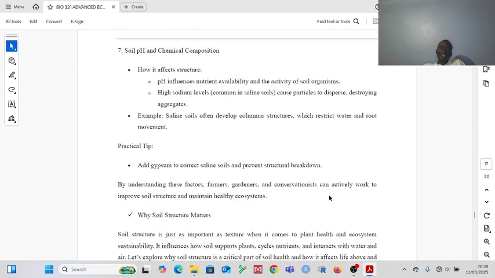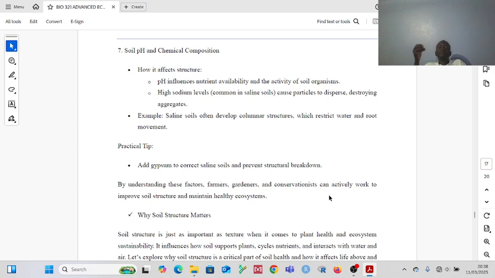Soil pH and chemical composition. So pH is the level of acidity or alkalinity in any particular environment. The pH will influence the availability of nutrients and the activity of soil organisms. When you have pH that is extremely acidic or extremely alkaline, then the ability of organisms to survive in that type of soil will be limited.